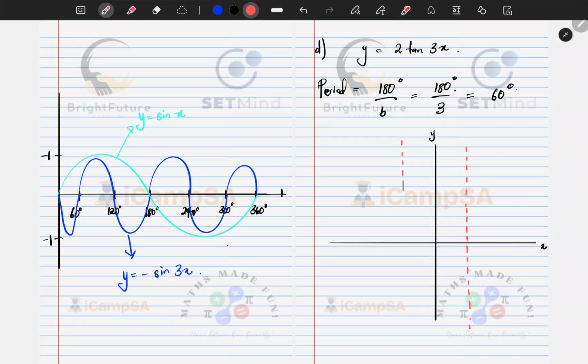Even here, it's going to be x equals 60 degrees. Even here, it's going to be 120. So your graph will be something looking like this.